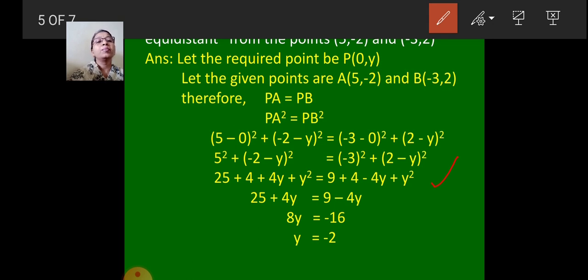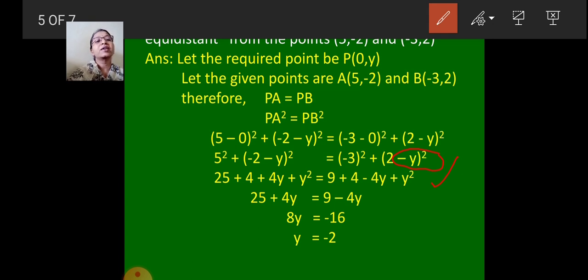So 4 plus 4y plus y square is equal to minus 3 square is 9 plus, now this second bracket, this you expand by using a minus b the whole square formula. So you will get 4 minus 4y plus y square, right?